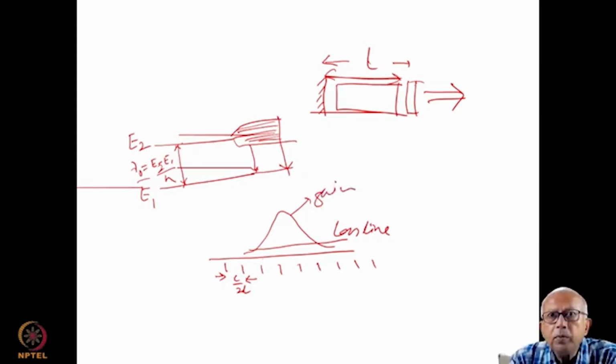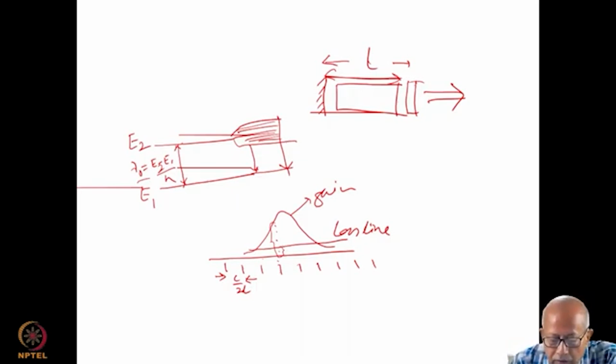Now, lasing would be possible only on those modes which have net gain, meaning whose gain exceeds loss. Now you see, in this particular example, this mode has a gain this much, while the loss is just this much. That means this mode has a net gain, therefore it will be able to lase.